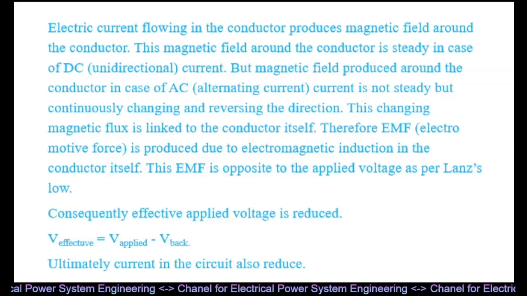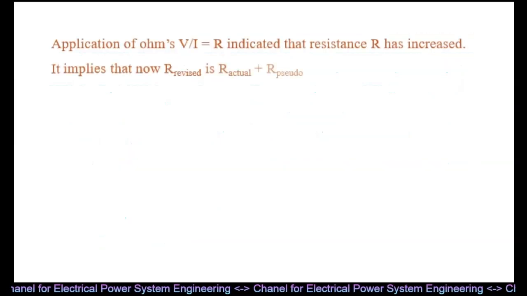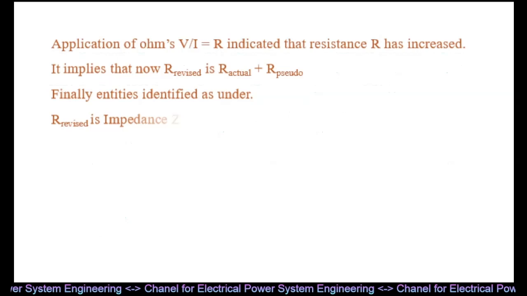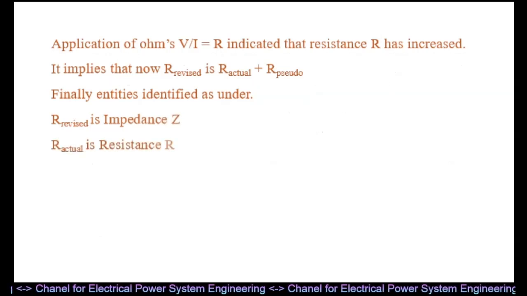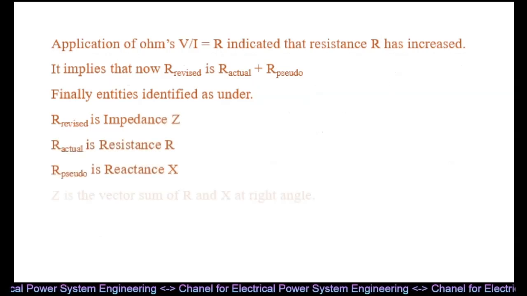This EMF is opposite to the applied voltage as per Lenz's law. Consequently, the effective applied voltage is reduced. V effective is equal to V applied minus V back. Ultimately, the current in the circuit also reduces. Application of Ohm's law, V = IR, indicates that resistance R has increased.